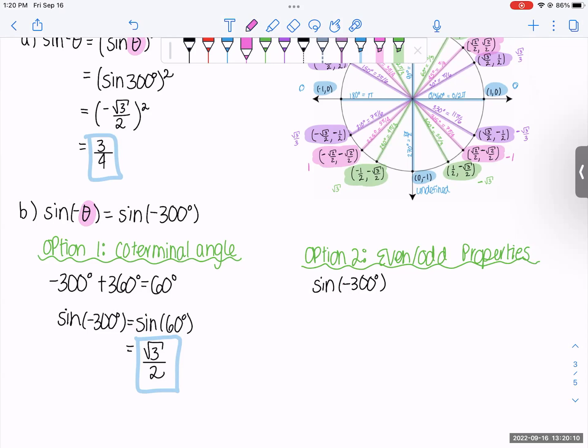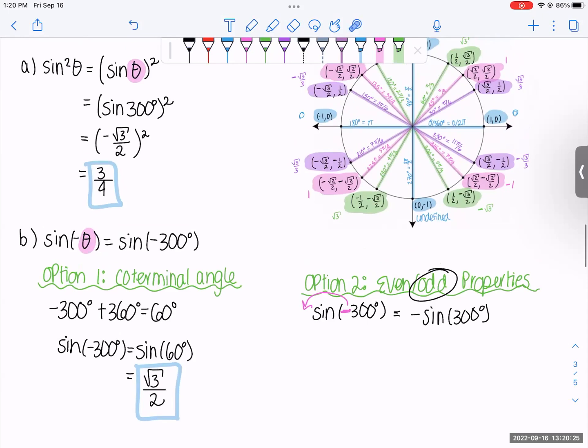Since sine is an odd function, I can take the negative and put it on the outside. Again, because sine is odd. So we have negative sine of 300 degrees. Sine of 300 degrees, let's look for our 300 degrees spoke again. Oh, there it is. So sine of 300 degrees is negative square root 3 over 2.